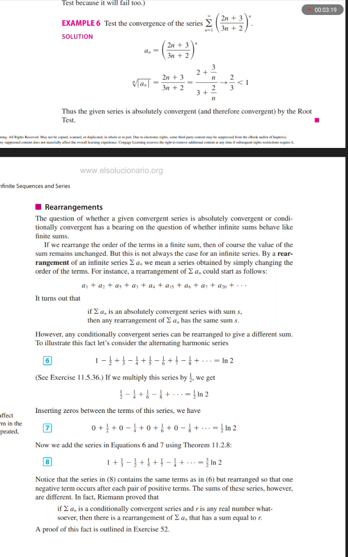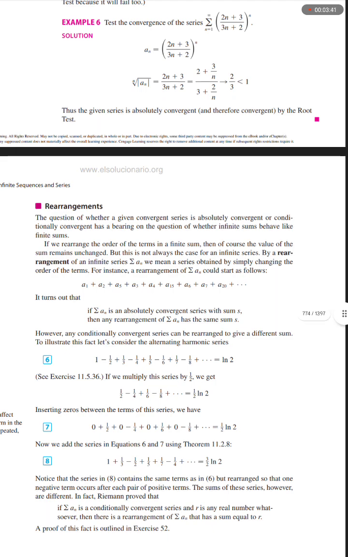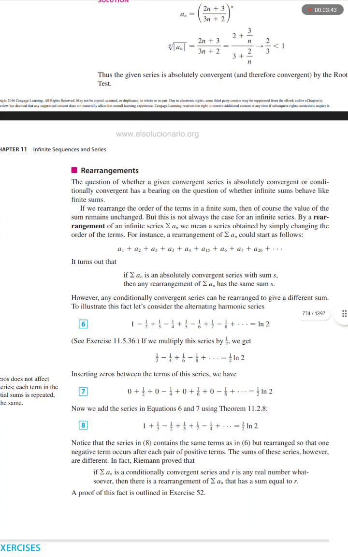Equation 6: 1 minus 1/2 plus 1/3 minus 1/4 plus 1/5 minus 1/6 plus 1/7 minus 1/8 plus ellipsis equals natural log of 2. See exercise 11.5.36.